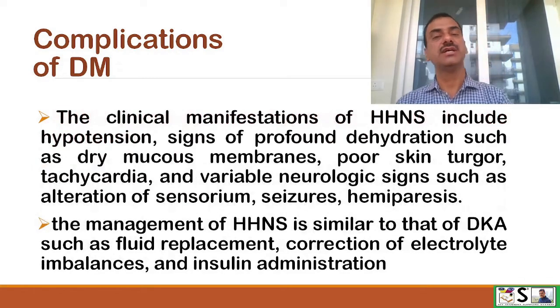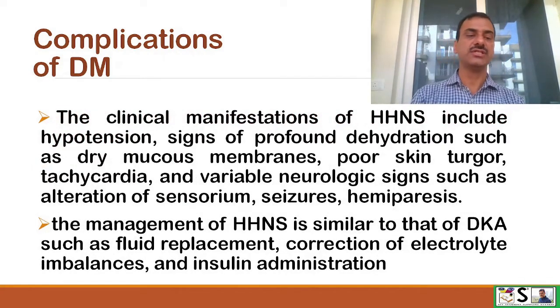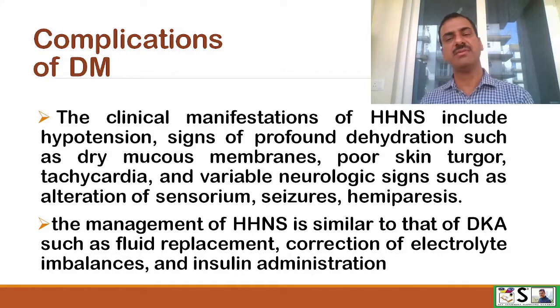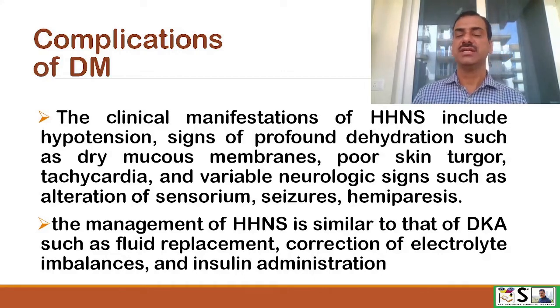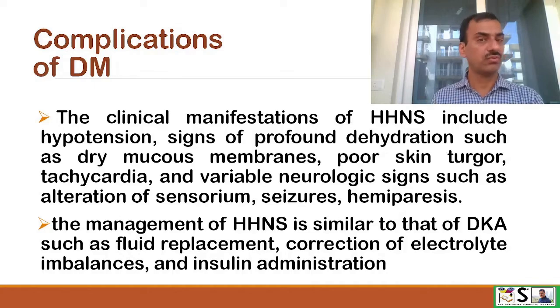The clinical manifestations of HHNS include hypotension, signs of profound dehydration such as dry mucous membrane, poor skin turgor, tachycardia, and variable neurological signs such as alteration in the sensorium, seizures, hemiparesis, etc. The management of HHNS is similar to what we have just discussed in DKA: fluid replacement, correction of electrolyte imbalance, and insulin administration.